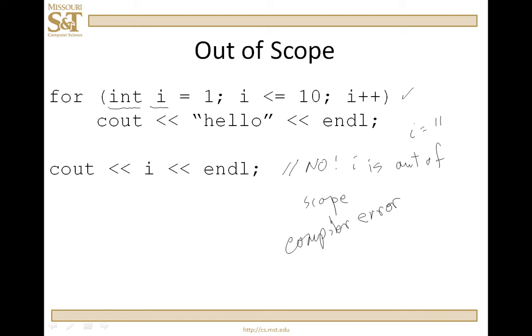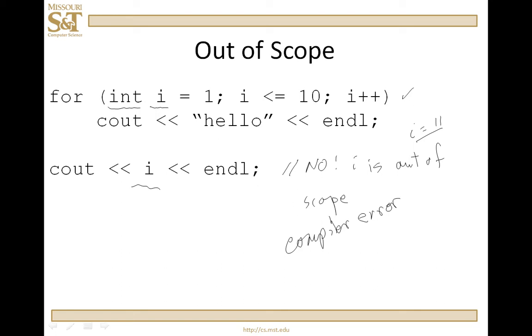The compiler will say, this variable has not been declared. Back inside the loop, just as we leave the loop, the value of I is 11. But once we're outside of the loop, then it has no value. It's actually been deallocated. It no longer even exists.